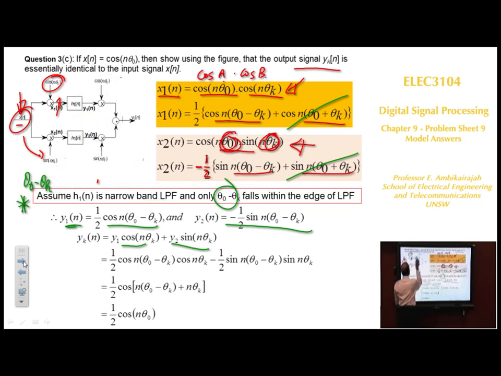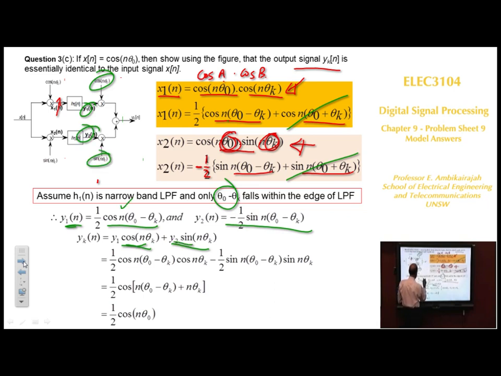When you multiply and add them, what would you get basically? y1 multiplied by that is this, y2 multiplied by that is that. We already know y1 and y2 and put them in here. So y1 is that, multiplied by that, and then that one.